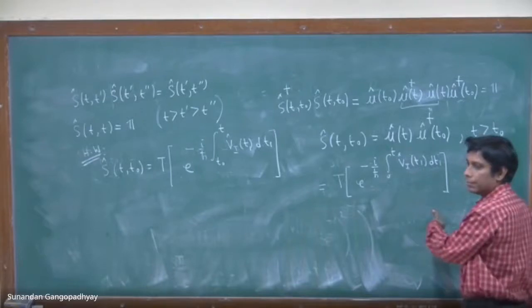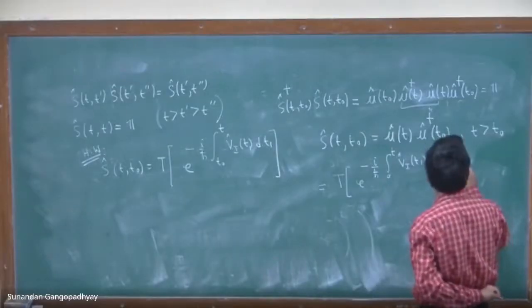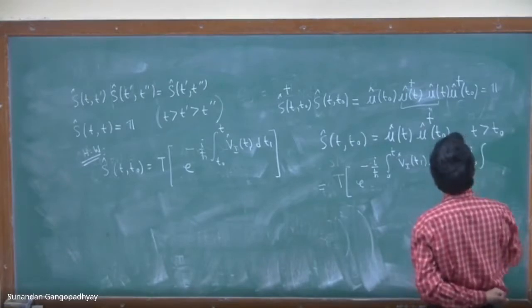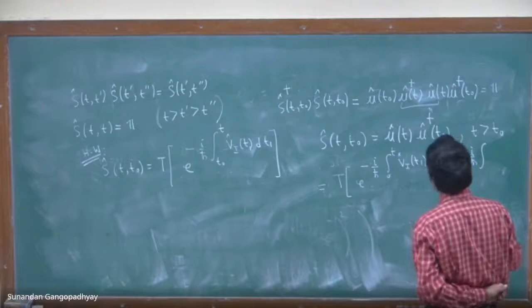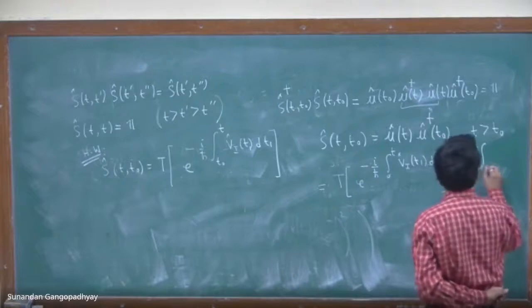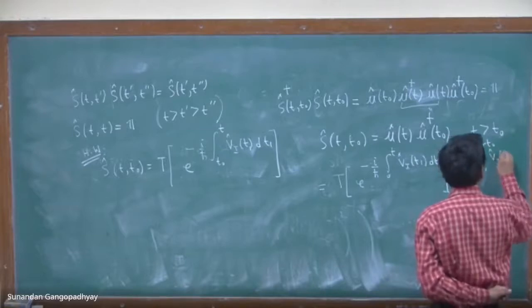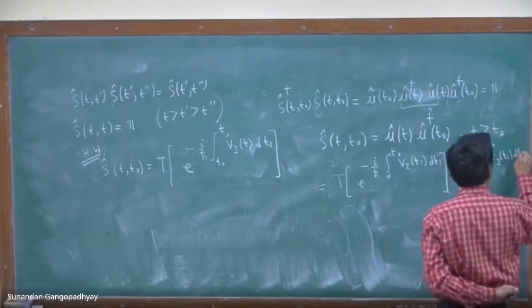And what is U hat dagger t? This is a time ordered product. Since you have a dagger, it will be e to the power of plus i by h bar integration from 0 to t naught V hat I t1 dt1. Right?